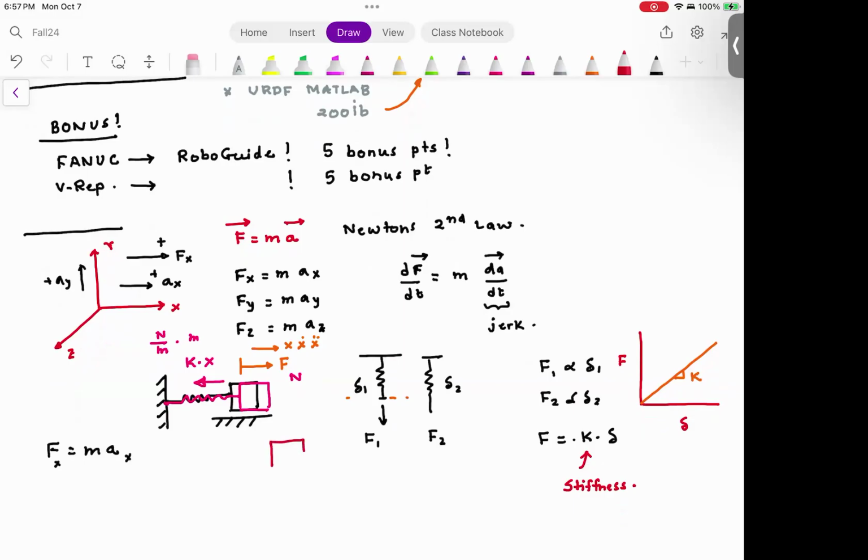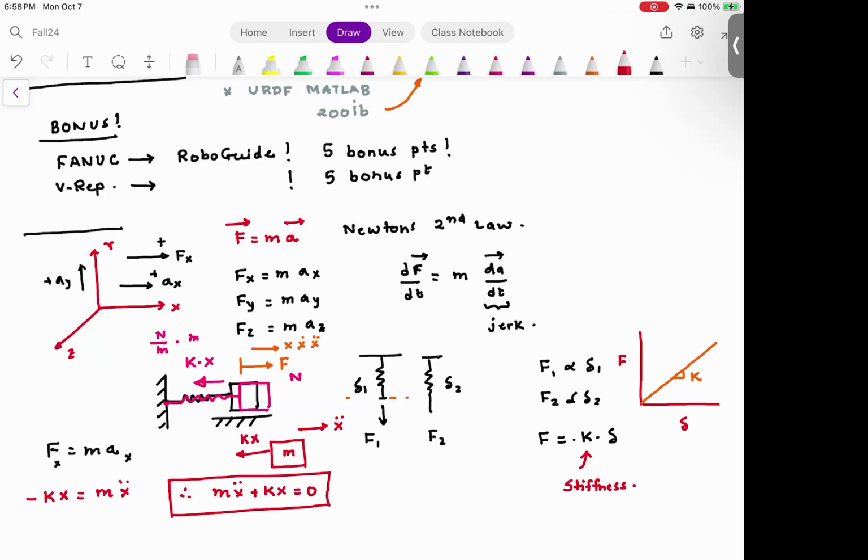If I draw the free body diagram, I see kx is in this direction, x double dot is in this direction, and the mass is m. So I would have minus k times x is equal to m x double dot, which means this equation is m x double dot plus k x is equal to 0. This is called the differential equation of motion.